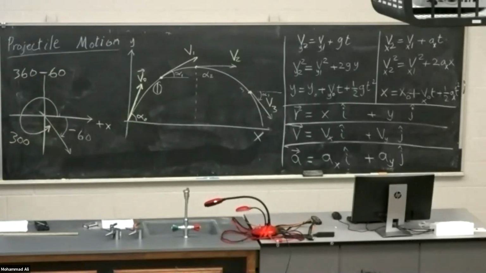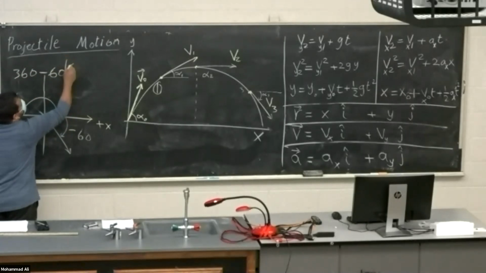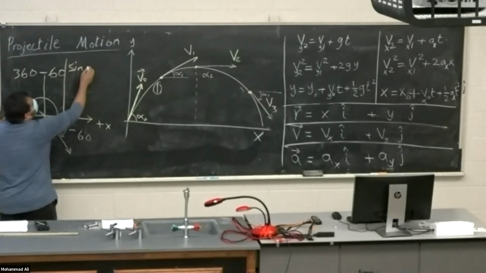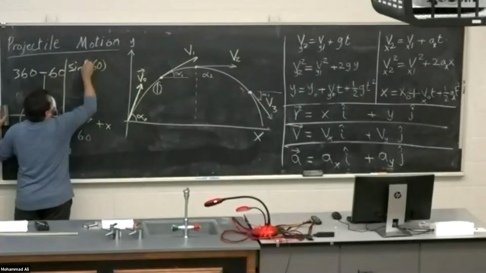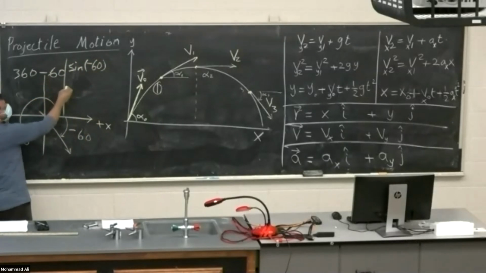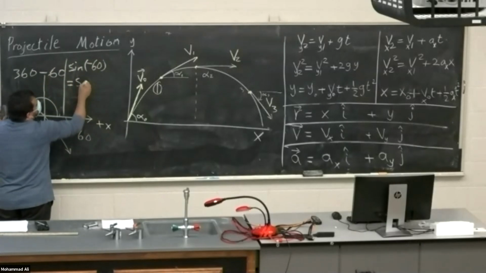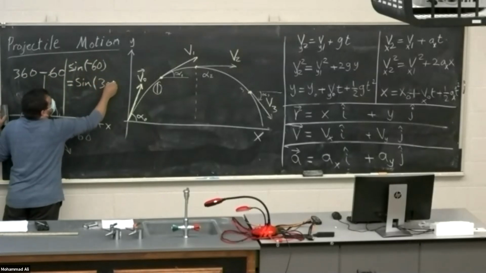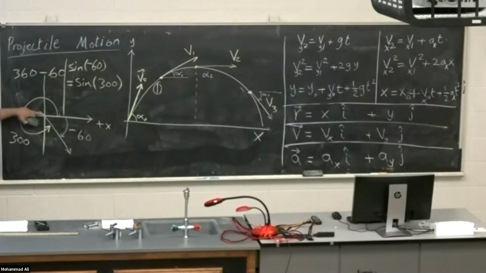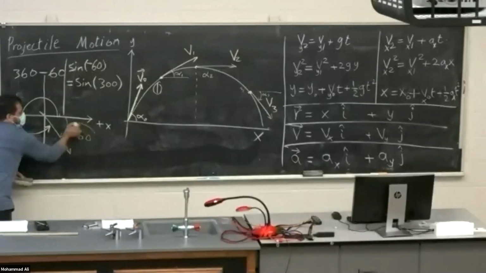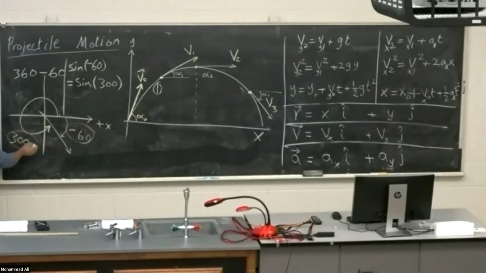But if you need to find sine of minus 60, it is the same as sine of 300. The sine of this angle is the same as the sine of this angle. It is negative.